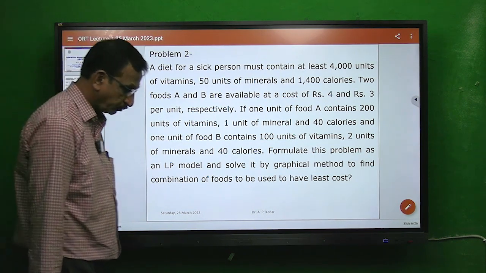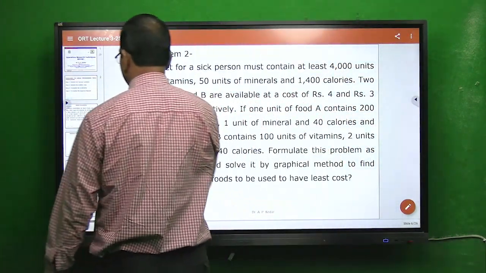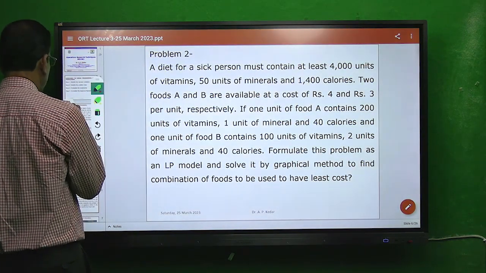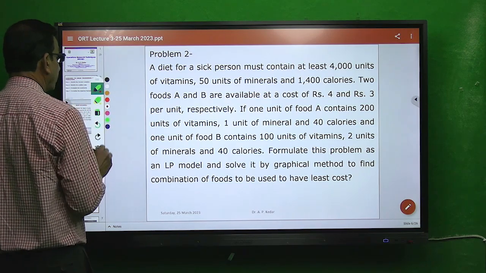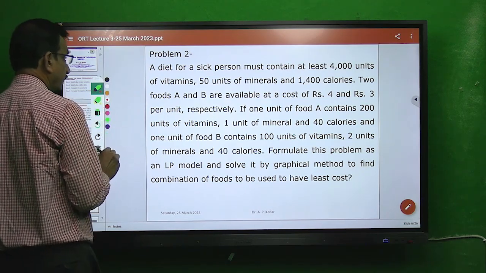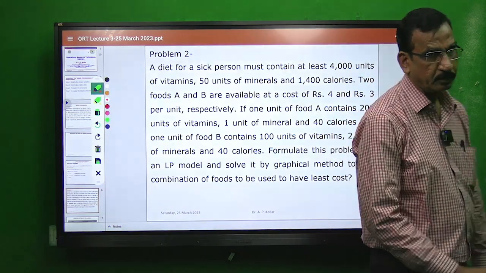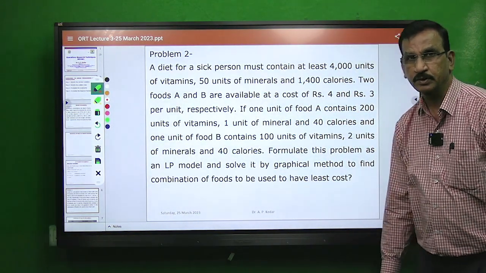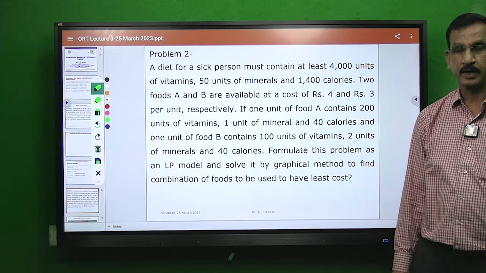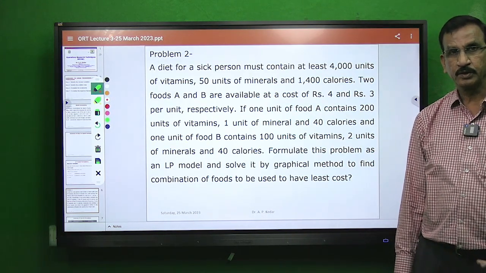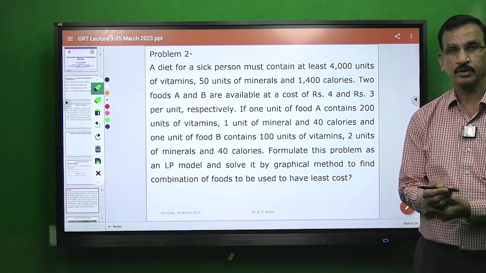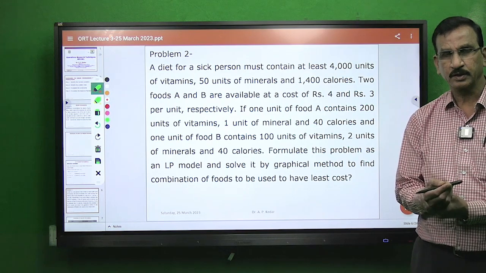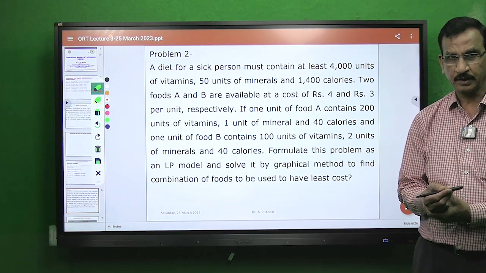So here again, if you recall my deliberations on application of LPP in real life, one of the applications I have mentioned was related to the diet problem, and in diet problem for an individual we should have sufficient quantity of minerals, vitamins and all related parameters for healthy life.